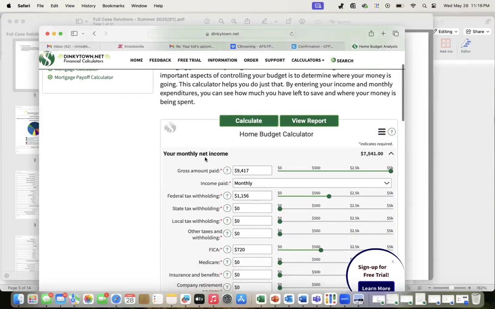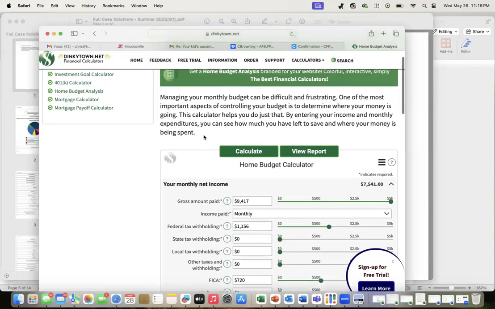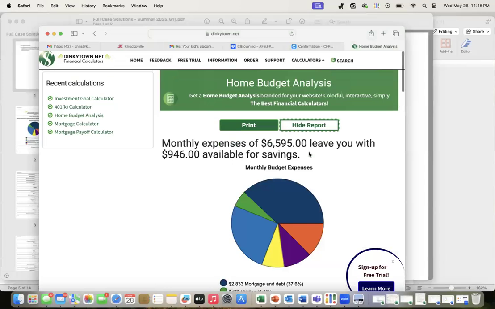Okay, and then once they do that, what's really cool about dinkytown.net is we can view a report. Now, this is really awesome because these will be great graphics for the case study presentation that the teams are going to be making on the last day of Financial Planning Academy.